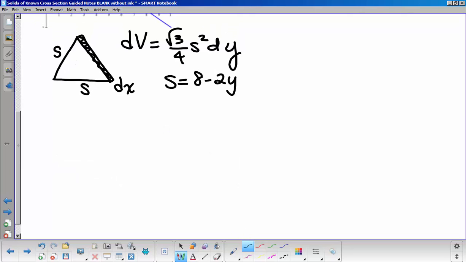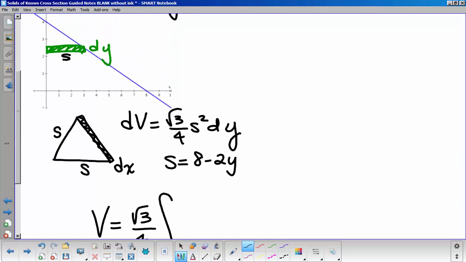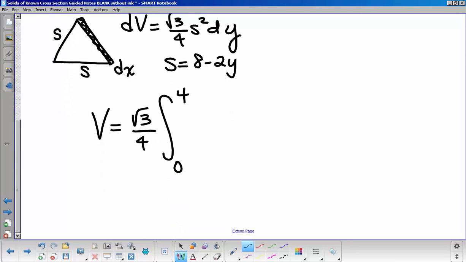Okay, so let's set it up. What's constant here now? So I'm going to bring that out in front. Root 3 over 4 times the integral from 0 to what's y going from and to? Good, 0 to 4, and it's going to be s squared, which is (8 minus 2y) squared dy.